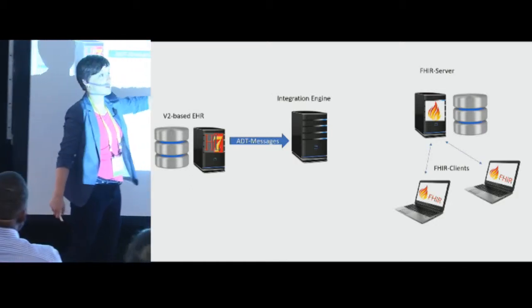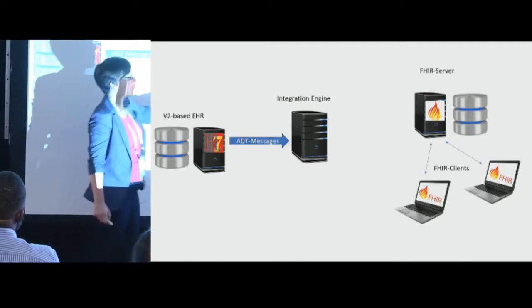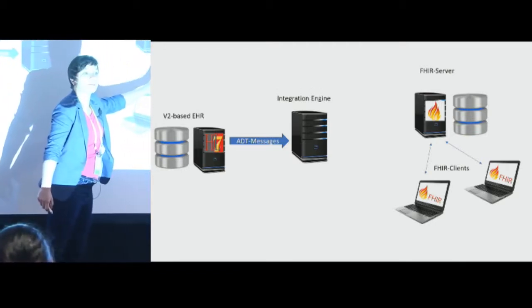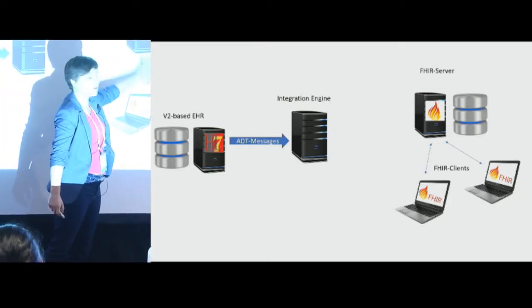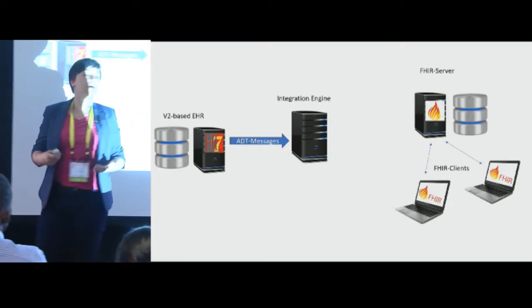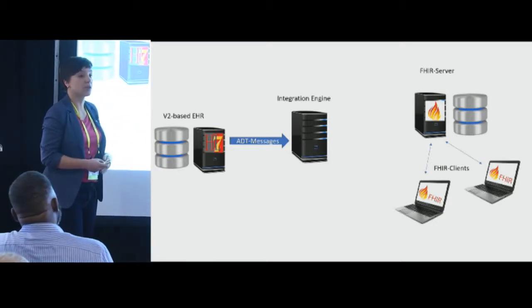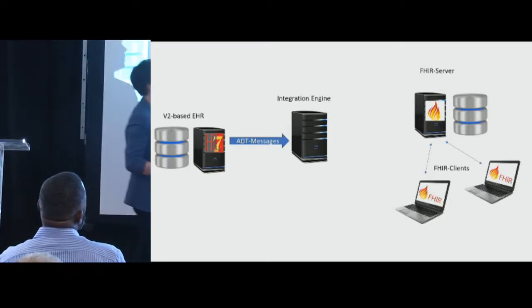They have their integration engine that distributes all the messages throughout the hospital. And now here's the brand new world, the fancy FHIR apps that everybody wants to use. Maybe they already have a FHIR server that they can communicate with, or you could choose any one of the reference implementation servers, like the Happy server or maybe Monk, to connect these clients to.